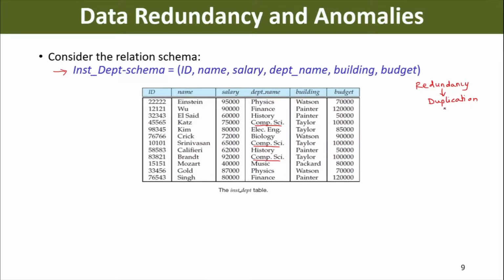So this is the duplication that we are having in this particular relation. If we are having such a design wherein we are having some kind of redundancy, then as I stated earlier, we may face insertion anomalies or deletion anomalies or modification or updation anomalies.